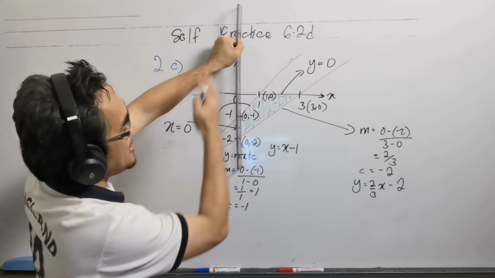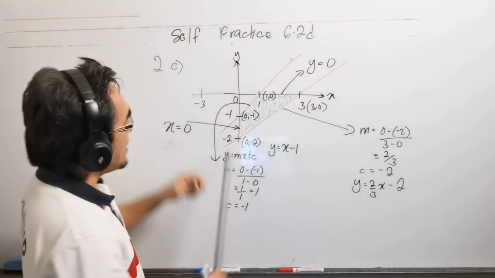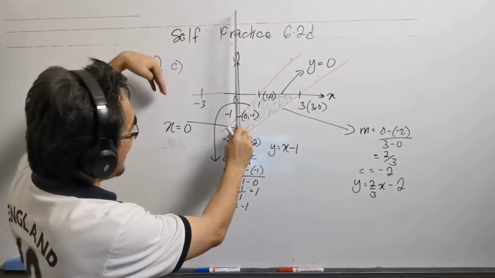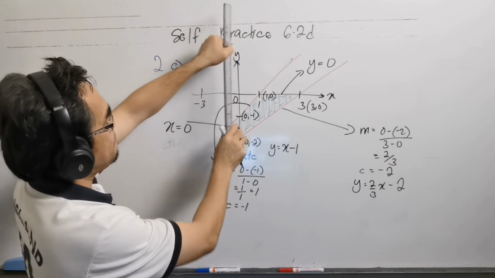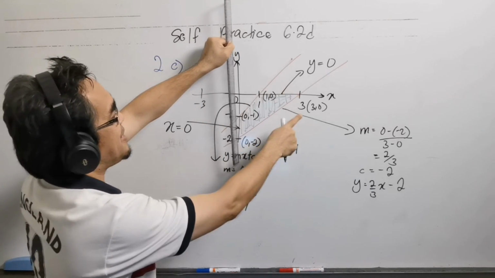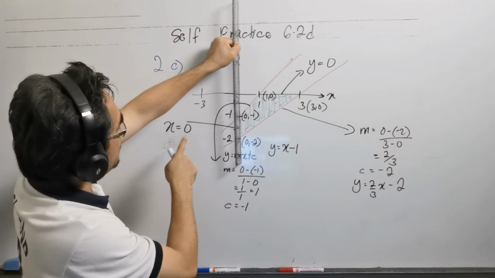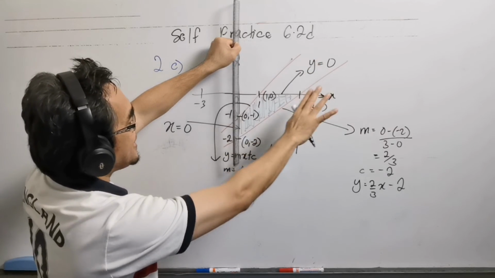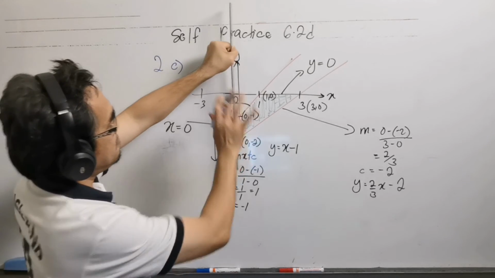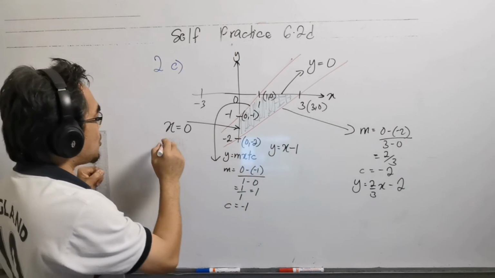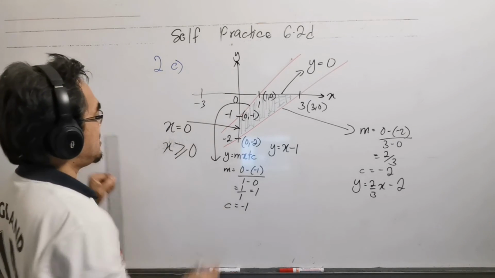Somewhere on the left side there is -1, -2, and -3. The side we want is the right, and compared to 0, that 3 is a larger value. So on the right side is a larger value, so we say x is larger than or equal to 0.